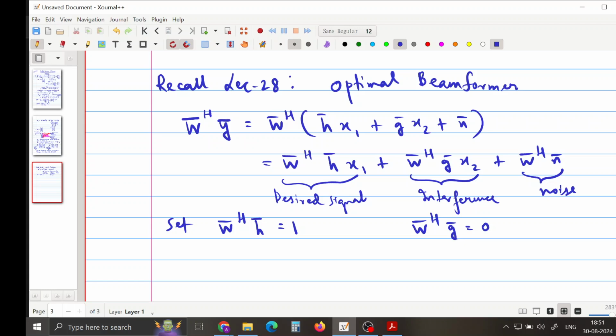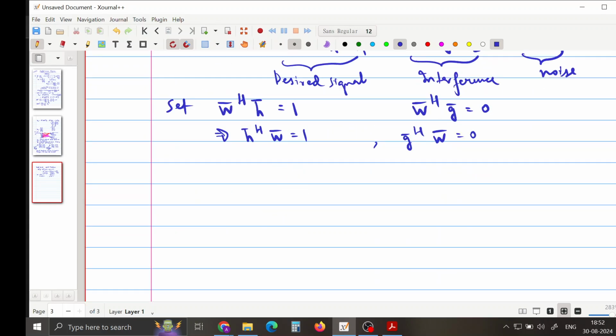Once we did that, I can rewrite this as h bar Hermitian w bar equals 1, and g bar Hermitian w bar equals 0. Then we put them in a matrix form like this: h bar g bar Hermitian w bar is equal to 1 0.